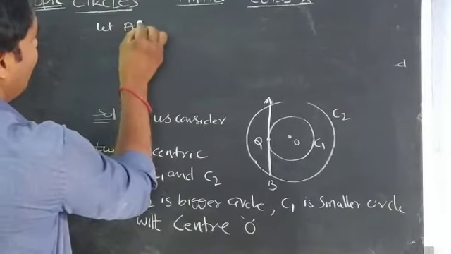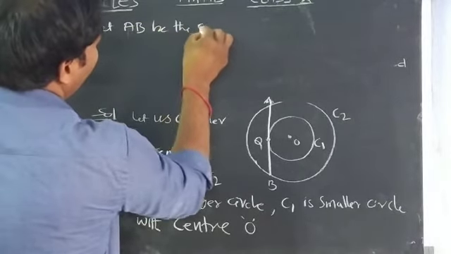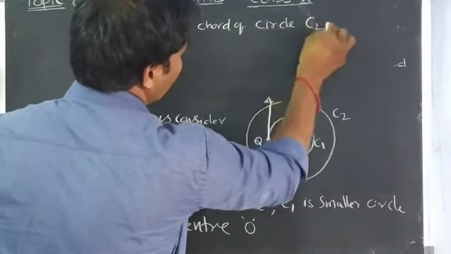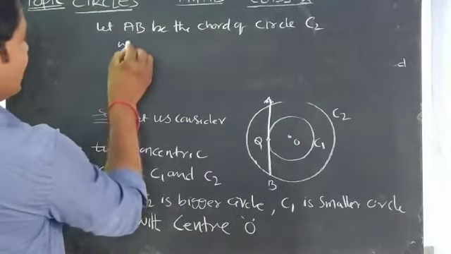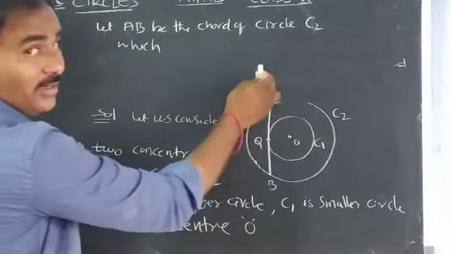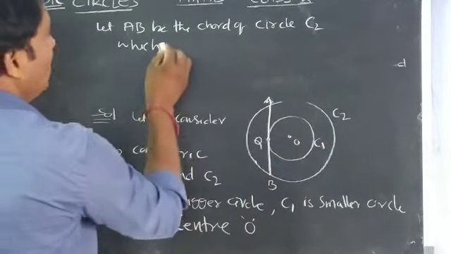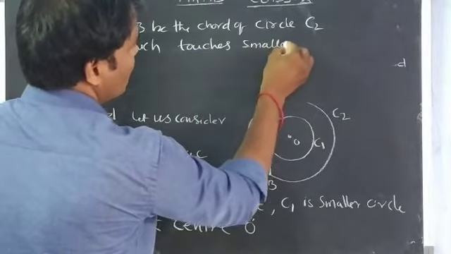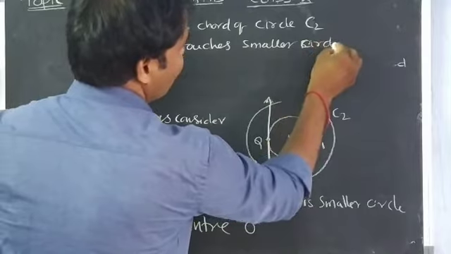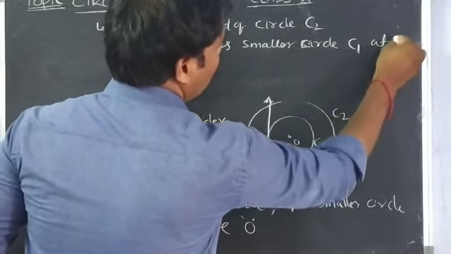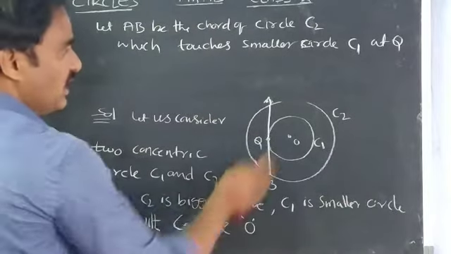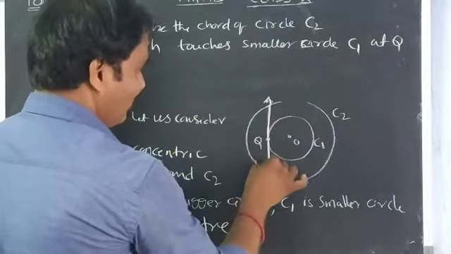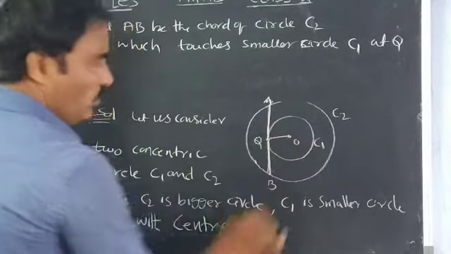Let AB be the chord of circle C2, the bigger circle, which touches the smaller circle C1 at Q. Right. Now, after drawing the chord that touches C1, I am joining OQ.